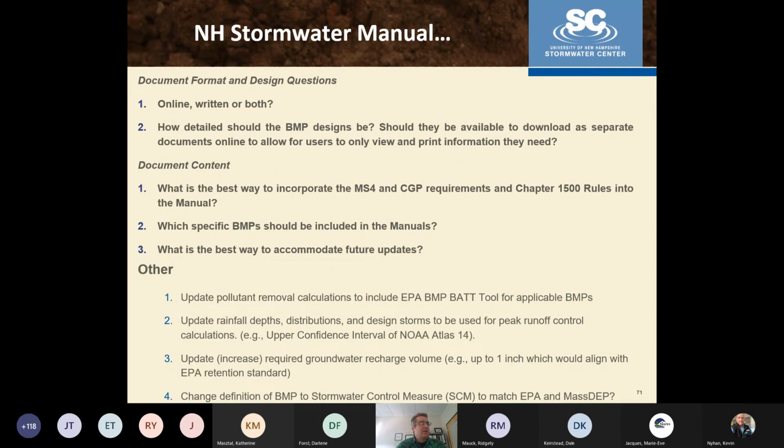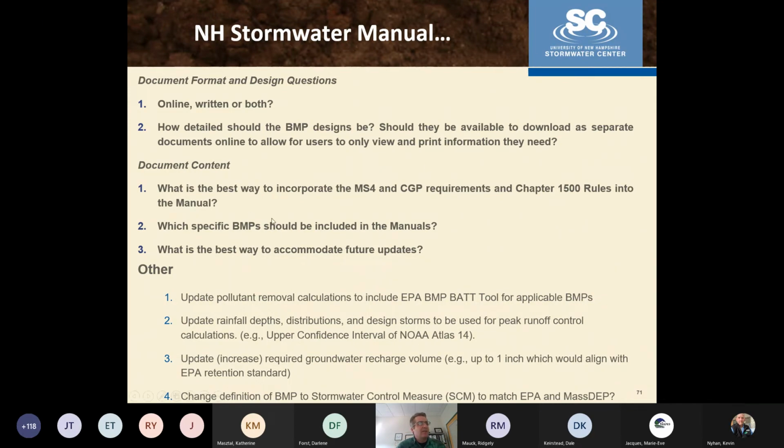The points that we're going to focus on: it's likely going to be an online document, housed at the University of New Hampshire. We're going to be considering how detailed the BMP designs should be. We know there are continuity issues sometimes between the existing manual and the Chapter 1500 rules, and we want to do our best to reconcile that.